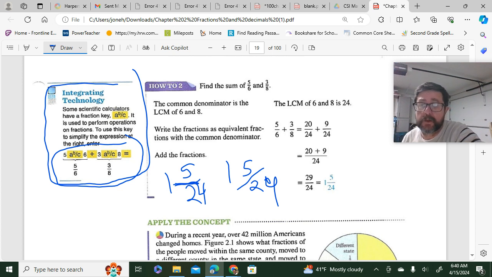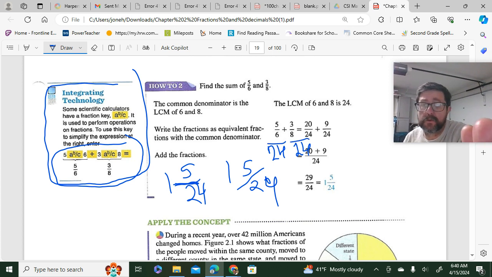Okay, so we're at 24. Then we go 8 times 1 equals 8. 8 times 2 equals 16. 8 times 3 equals 24. So we are at 24 on both denominators.